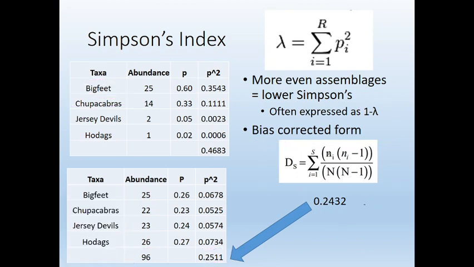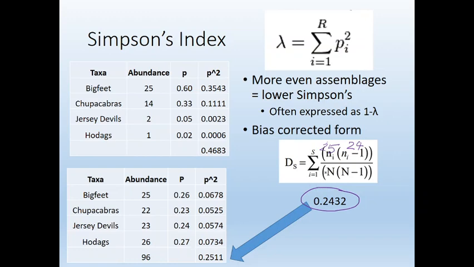So you would have n_i being 25 in this case, and then n minus 1, 24. So you take 25 times 24, and then you would take the next one, and add all that up, divided by 96 times 95. When you do that for this example, you get a slightly lower number.